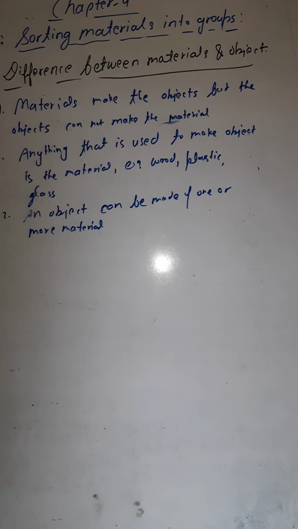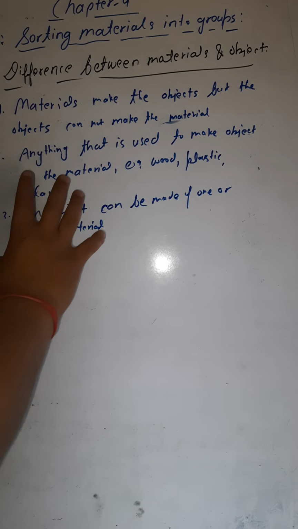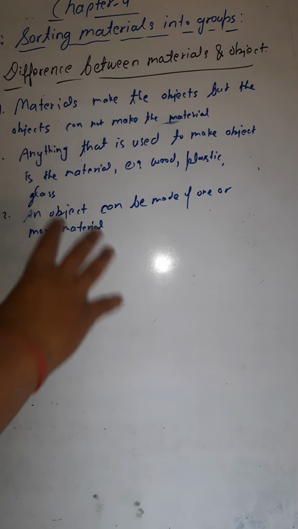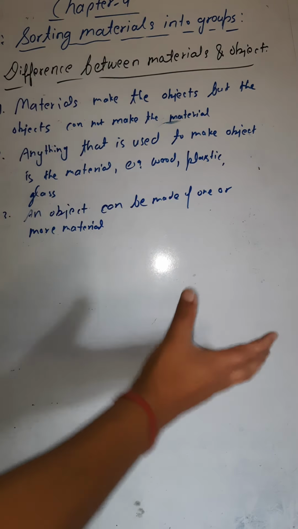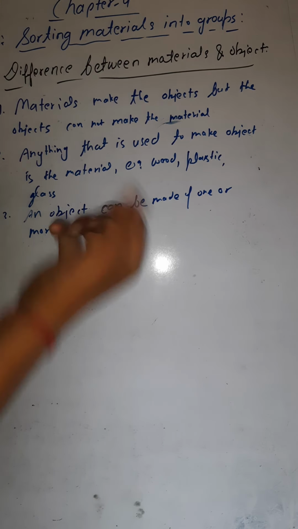Now you have to know how you would sort out the materials into different groups, how you would demarcate the different materials. For sorting out the different materials into different groups, you have to know the properties of the material.